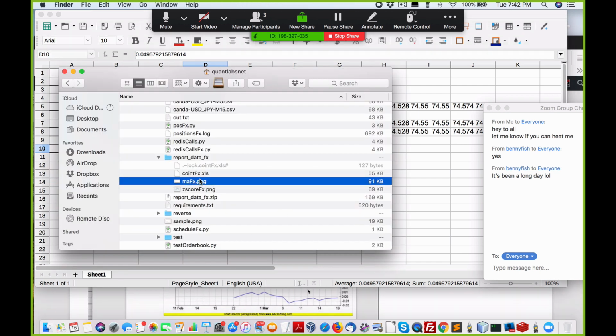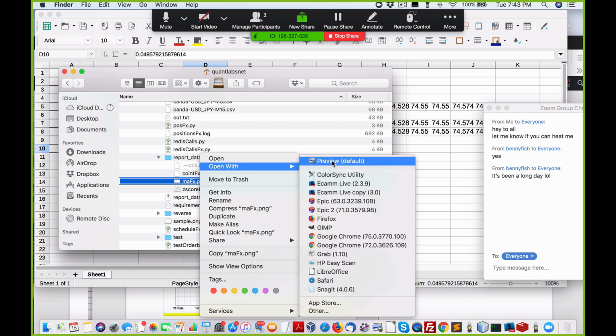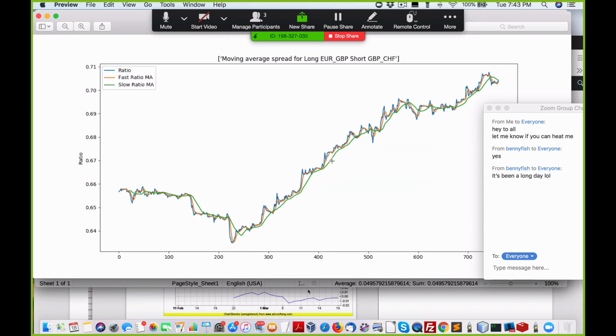And if I was to show you that, this is included in the service, to show you that there's this very nice up momentum and trend. What you'll find here in the blue line is the ratio between the long and the short.